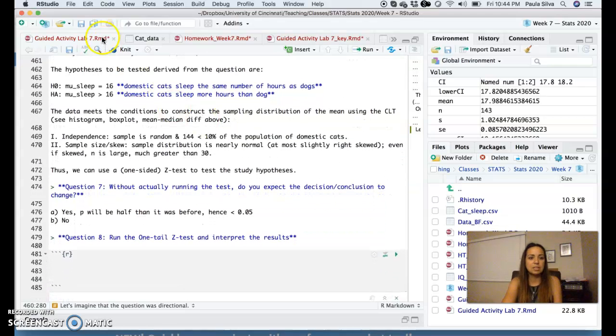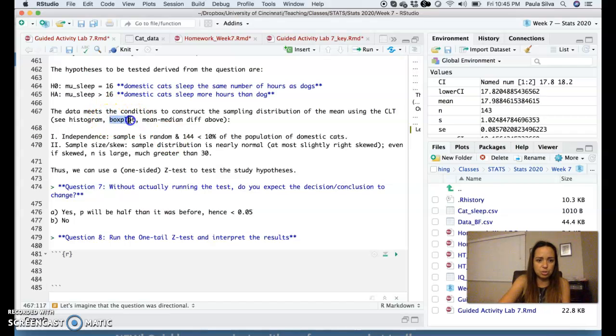The hypothesis. The null hypothesis is the same, that the average sleep of the population of cats is 16. And the alternative is that it is more than 16. So the data, again, meets the conditions to construct the sampling distribution of the mean using the central limit theorem.